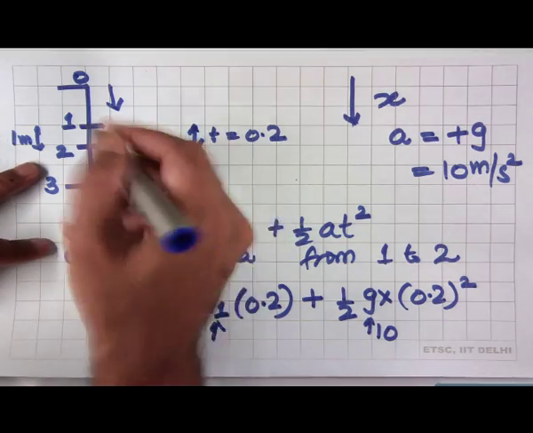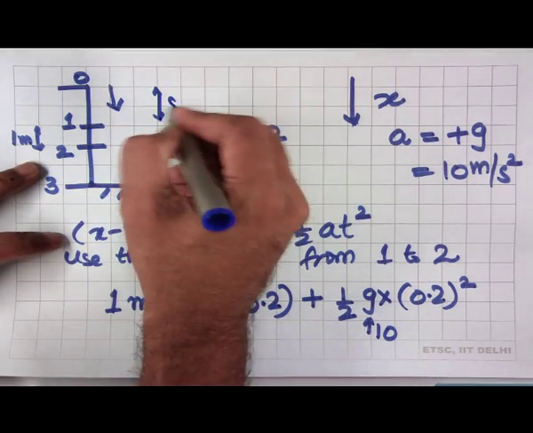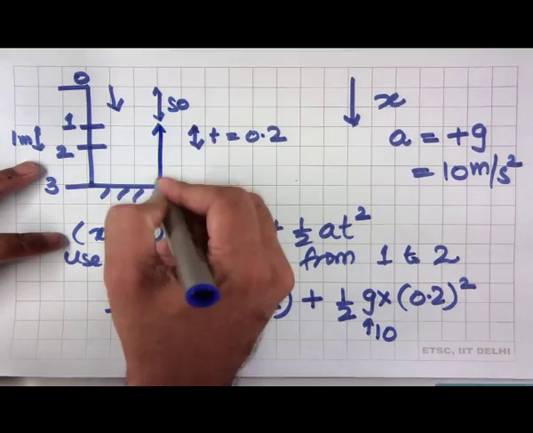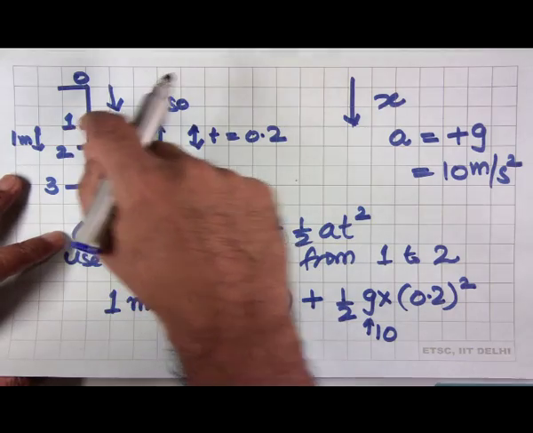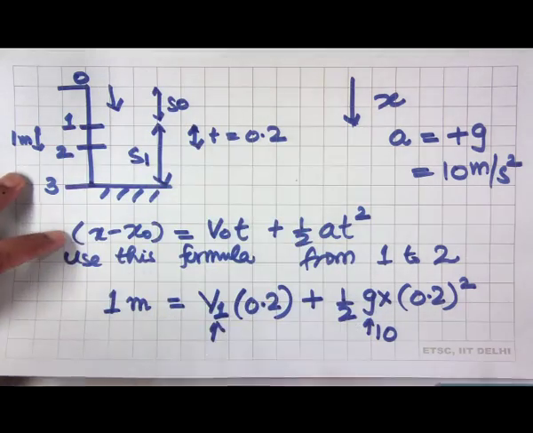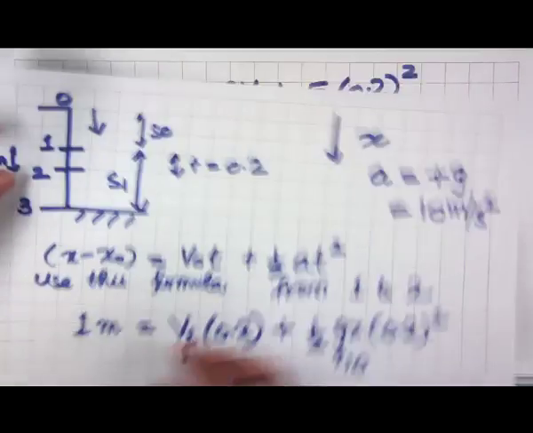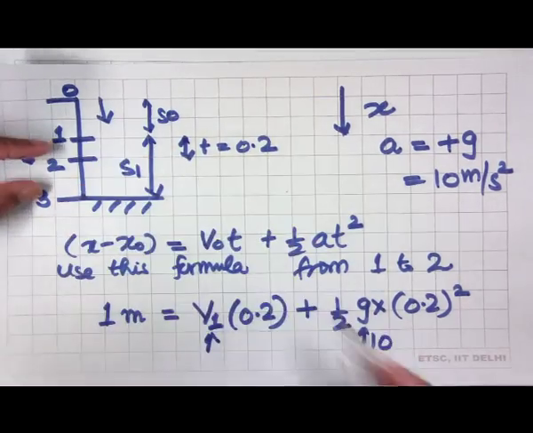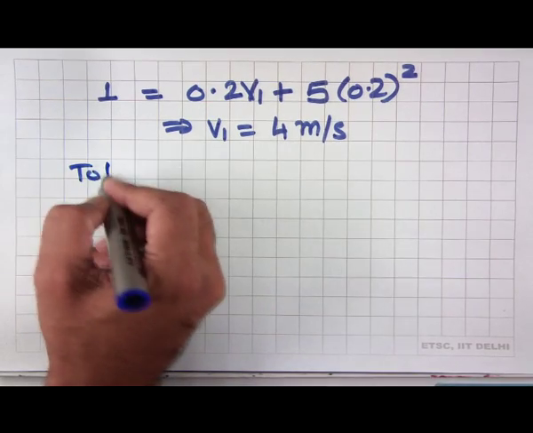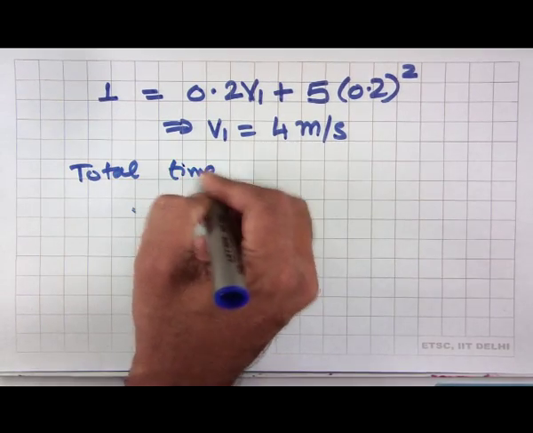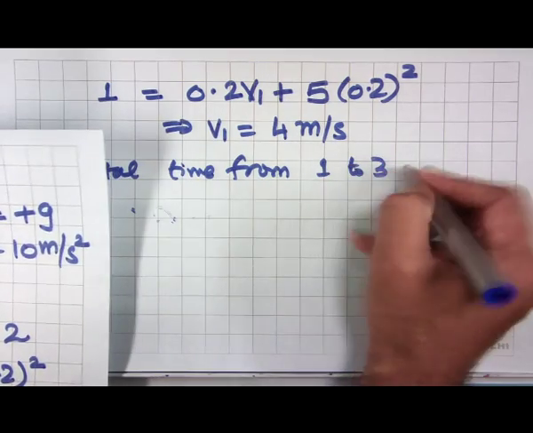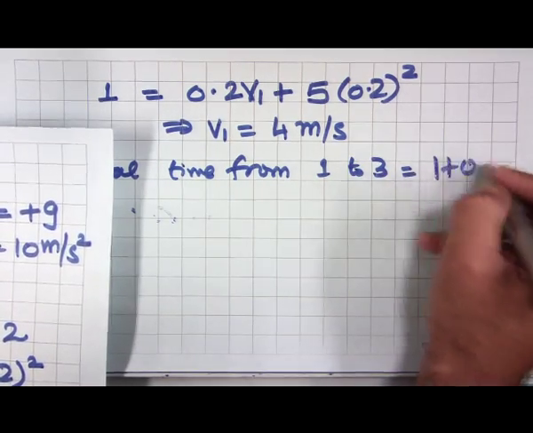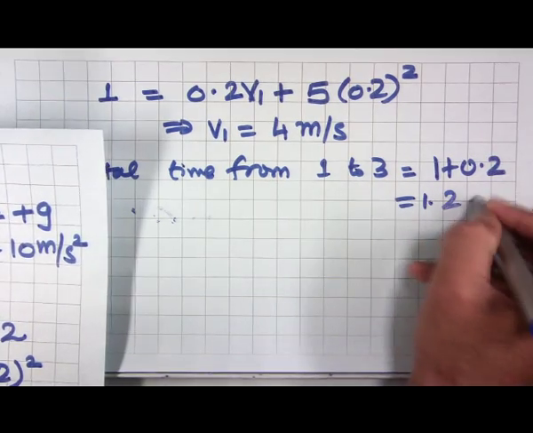So, what we can do is let us divide this, let us say this is S0 and let this remaining height be S1. So, S1 includes the height of the window and from bottom to the ground. So, now what we can do is we know the total time from 1 to 3, this is equal to 1 plus 0.2 is equal to 1.2 seconds.